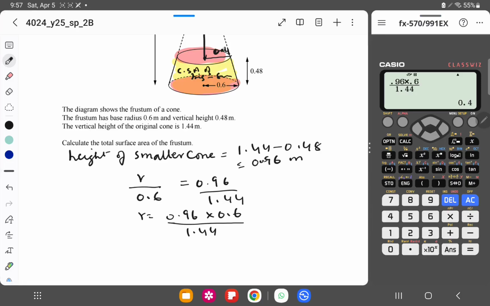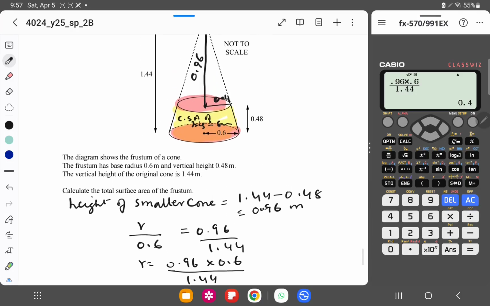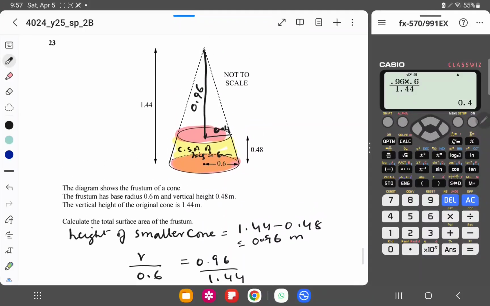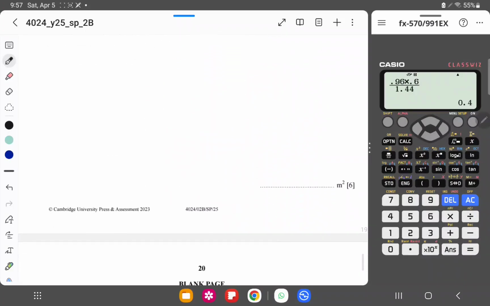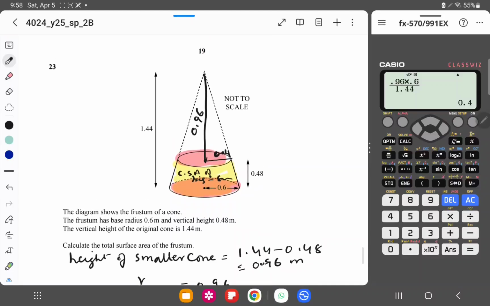Now before we find out the curved surface area, we will have to find out both the slant heights. For the smaller one, the radius is 0.4 and the height 0.96, and we find the slant height by Pythagoras theorem. For the bigger one, it is 0.6 and 1.44.